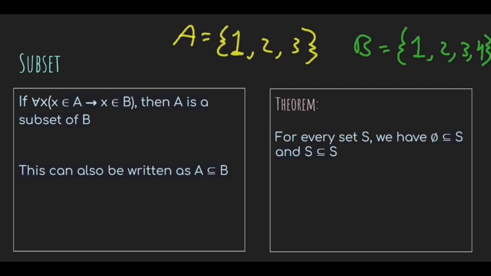Meaning that A can go into B, but B can't go into A. So this can also be written as A is a subset of B, like this, and you're going to see there's a line at the bottom, because A can still have the 4, and these can be equal sets. So a subset doesn't prevent two sets from being equal.